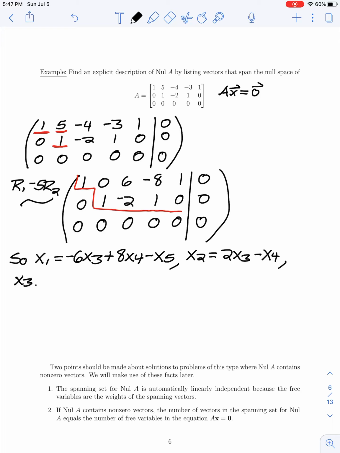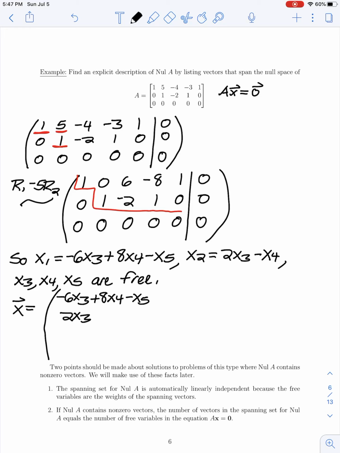As I mentioned, x3, x4, and x5 are free. So our solution set here would be the set of vectors of the form x, where x1 is -6x3 plus 8x4 minus x5, x2 is 2x3 minus x4, and then x3, x4, and x5 are all free.